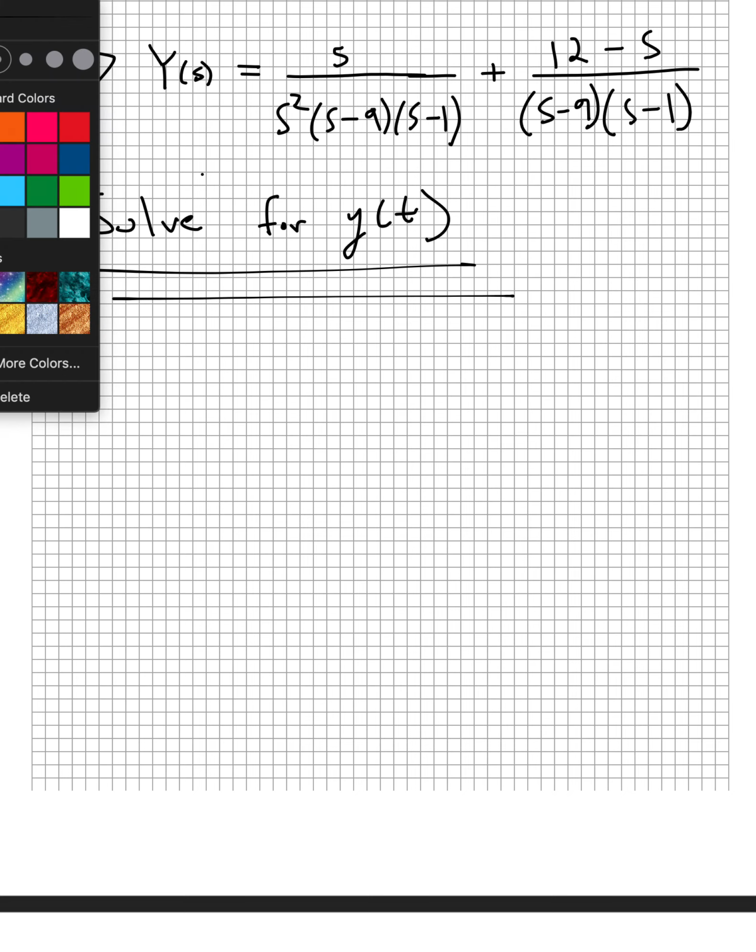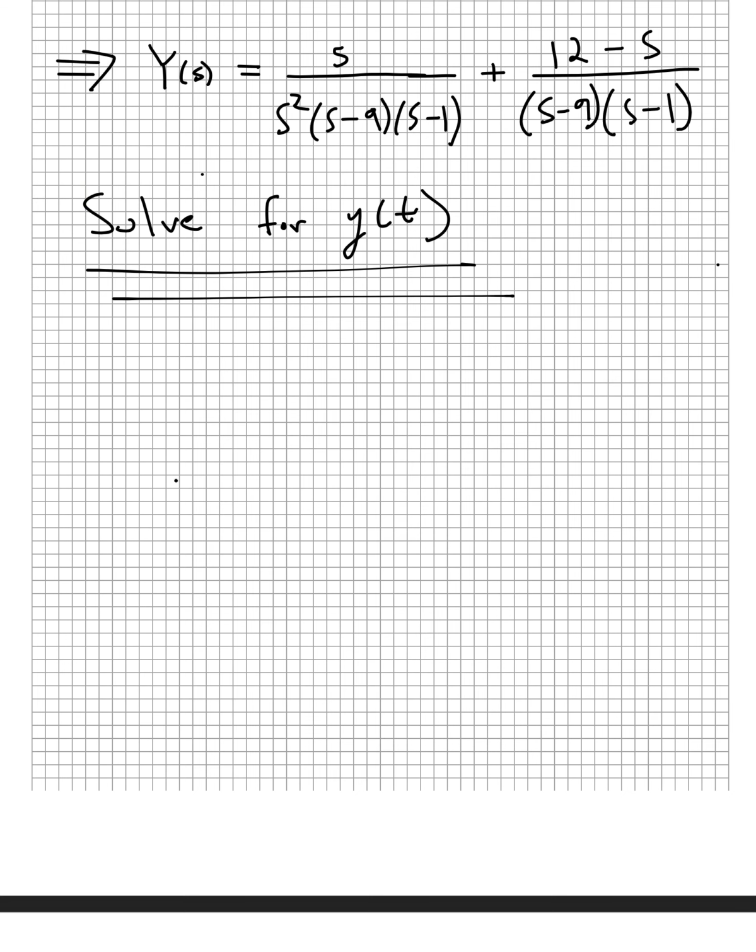So immediately from our past video, let's go ahead and combine the two terms that we see up above here. When you combine like terms, Y of s becomes, in the numerator, 5 plus 12 times s squared minus s cubed.